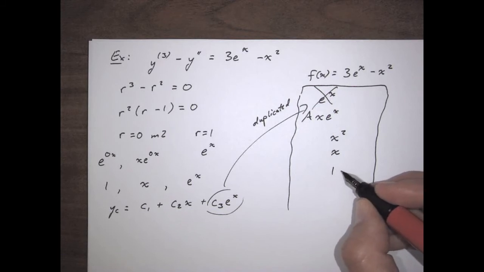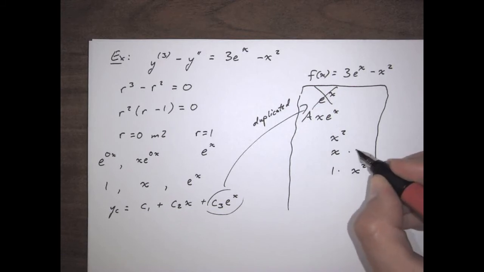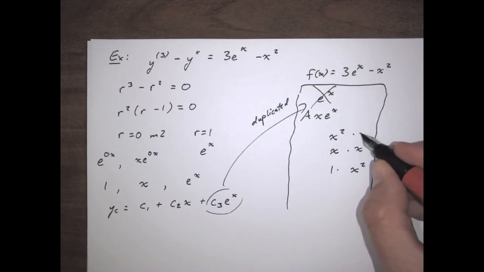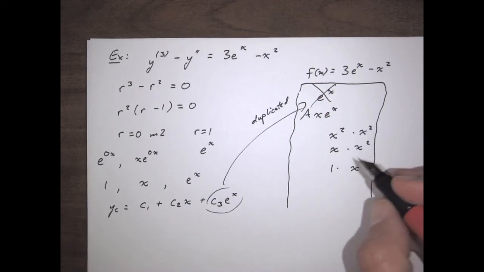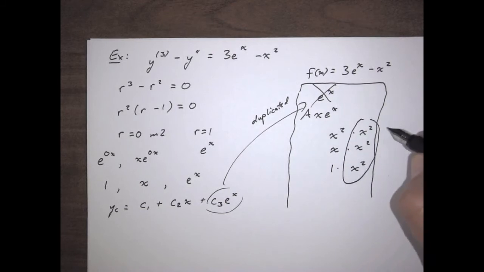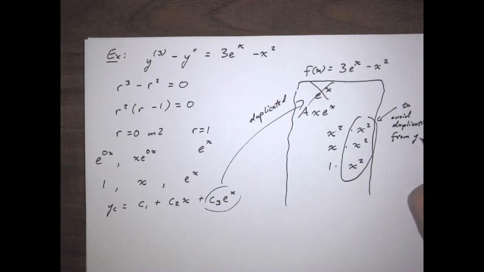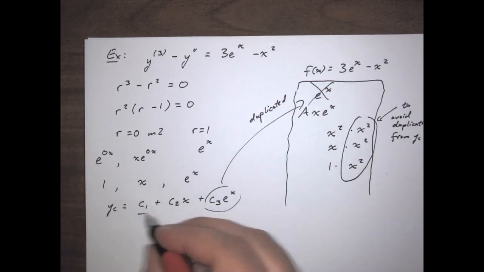So I can multiply this by x squared, to avoid duplication from y c, from the complementary solution.